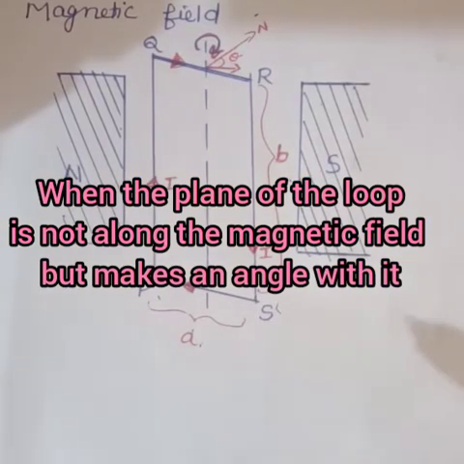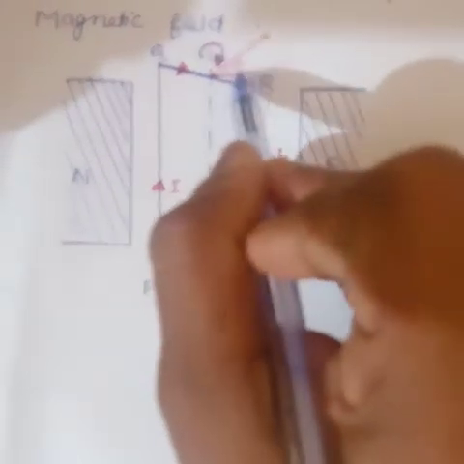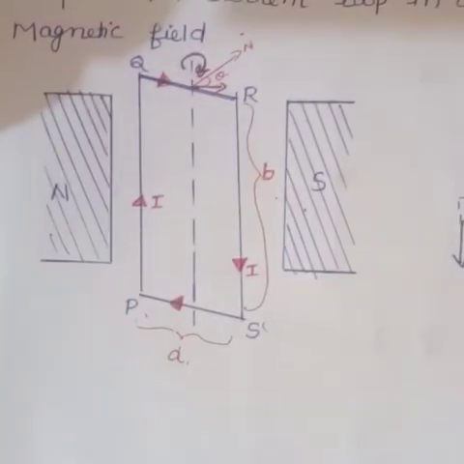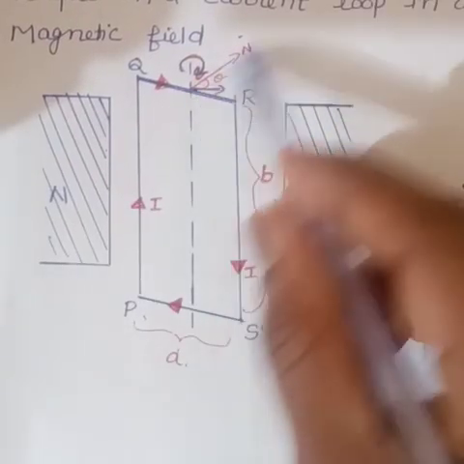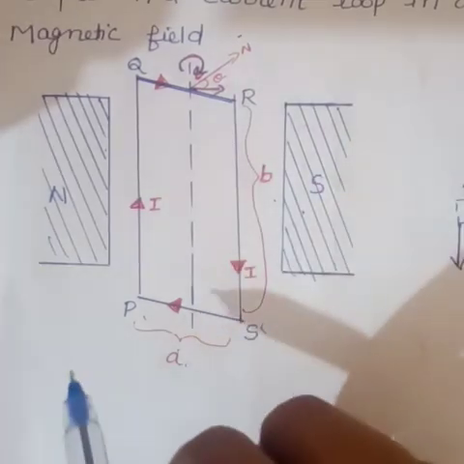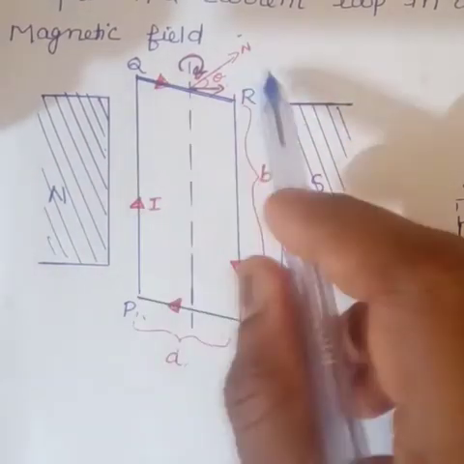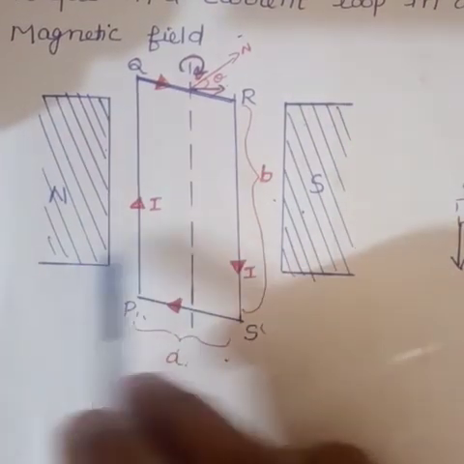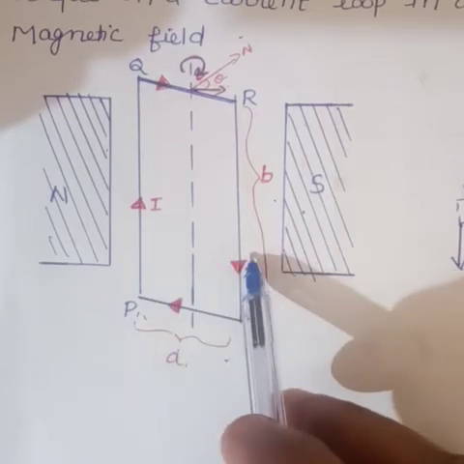So in the second case, we have to consider that the plane of the loop is not along the magnetic field but makes an angle with it. See here, this one is the direction of the magnetic field, and this one is the normal of the plane of the paper. These two make an angle theta. Consider a rectangular coil PQRS suspended in a uniform magnetic field B with its axis perpendicular to the field.